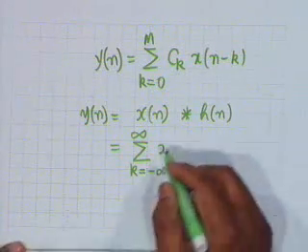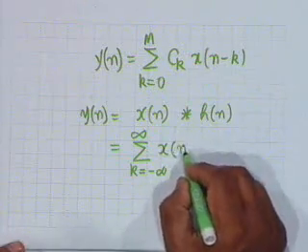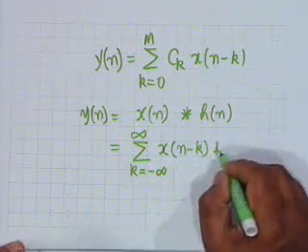Either way it is correct. So let's write it in the form x of n minus k h of k.